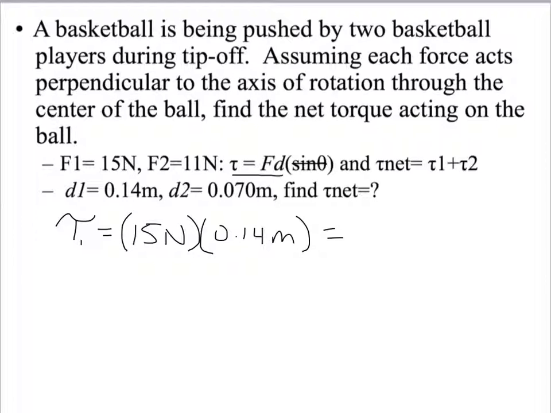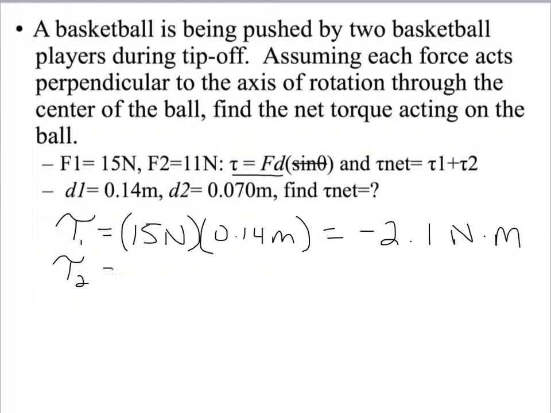We are going to get a value of 2.1 newton meters. If you're looking at the diagram on page 281, it shows the picture of how the ball is rotating, and it's rotating clockwise, which makes this value actually negative.